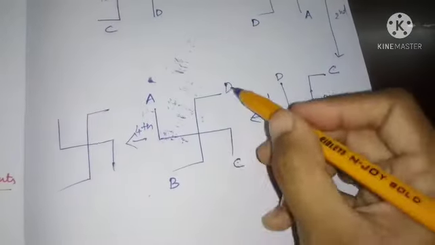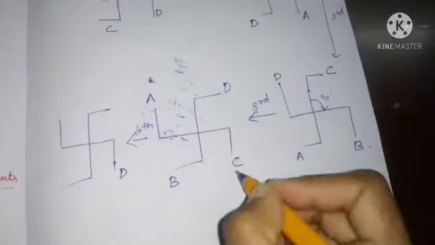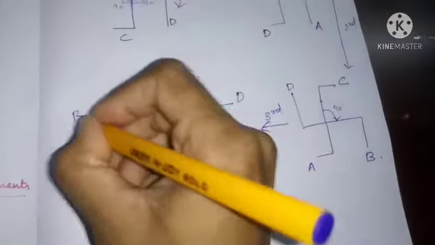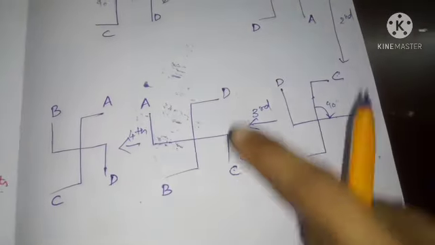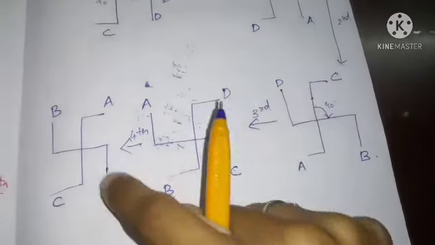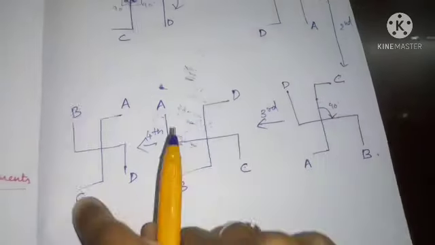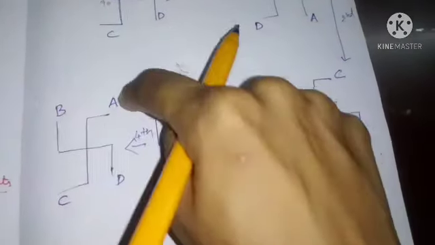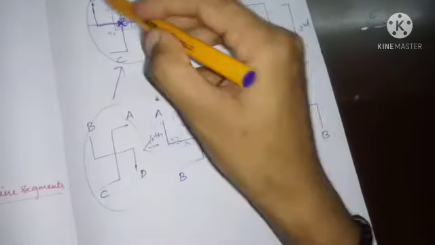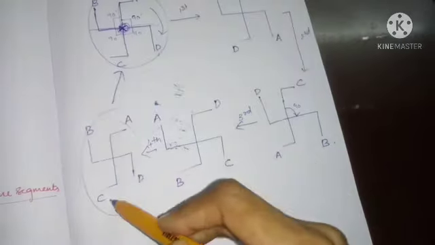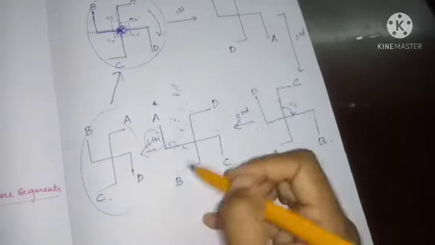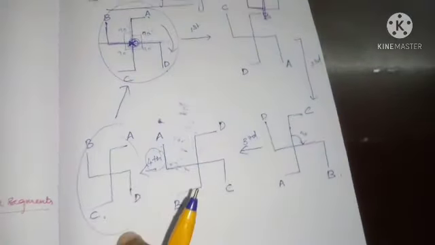Now D will go down, C will go left side, B will go up, A will go up. See, it is a 90 degree rotation, D down, C left side, B up, A. So this part and this part look the same: B, A, D, C. So at the fourth rotation only you are regaining your original position.